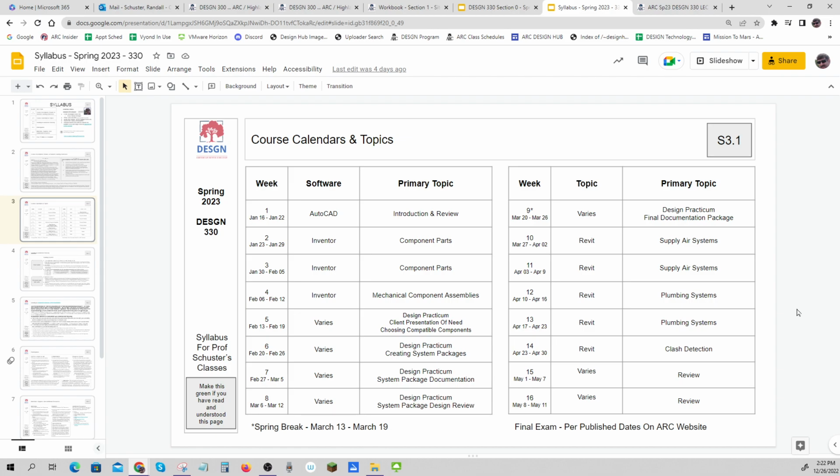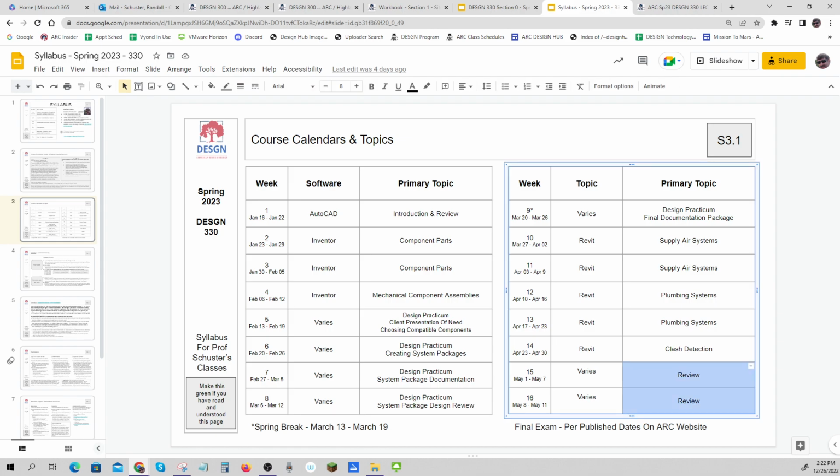We're not going to focus on the electrical. We're going to focus mostly on HVAC and plumbing. And we'll do some clash detection along with that. Okay, and that says Revit, but it'll either be Navisworks or Bluebeam.